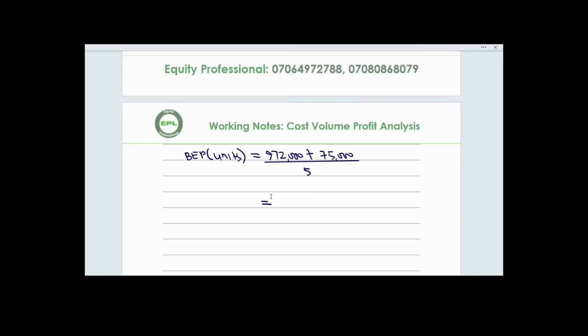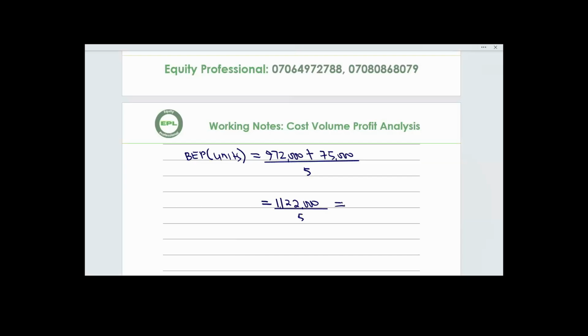So this will be calculated as 972,000 plus 75,000 equal, that's 1122, divided by 5.